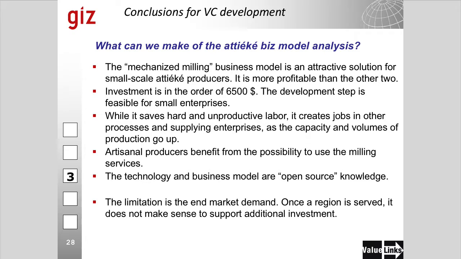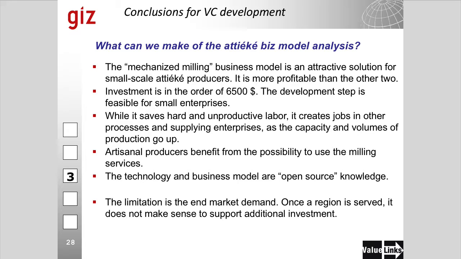Last slide on this example. And I tried to interpret this now. I think it is one aspect of business model analysis to produce numbers, but more important for us is really what we make of it and how we interpret those insights. So here, an attempt to interpret the results.